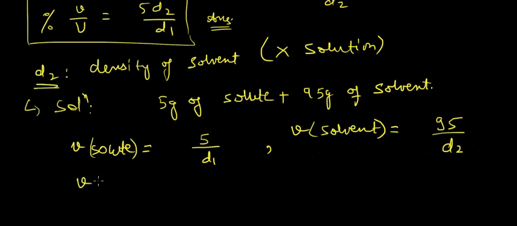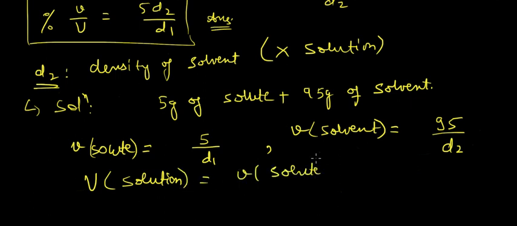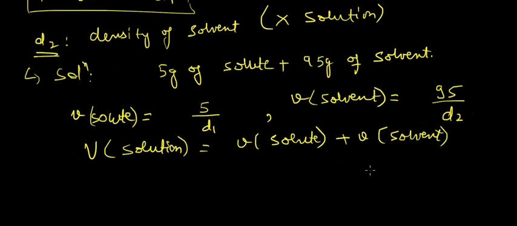Okay, then what would be capital V of solution? Capital V of solution would be small v of solute plus small v of solvent. This is 5 over D1 plus 95 over D2.